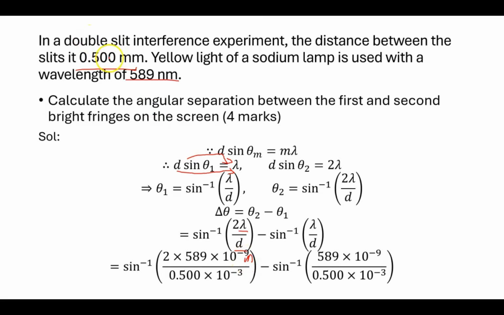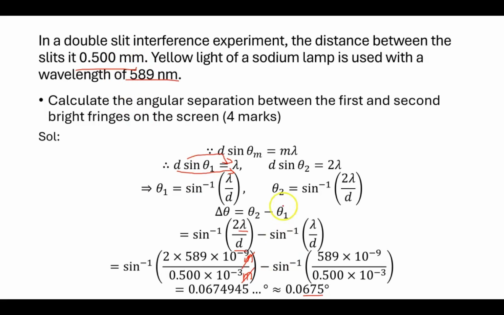And the slit separation is given in millimeters, so you need this 10 to the power of negative 3 factor to also get the quantity in meters. So these 2 meters cancel out, giving you no units inside the inverse sine. After you punch all these numbers into your calculator, you get this result. And this result is basically an irrational number, and you need to round it to 3 significant figures because the question's given parameters are also 3 significant figures.